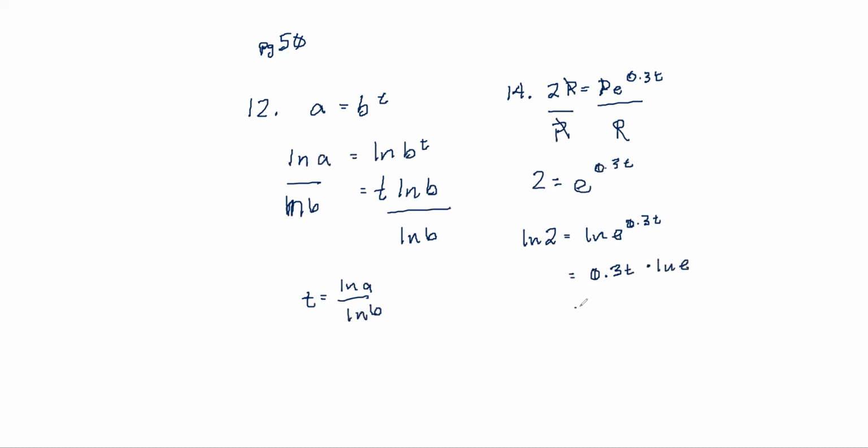We know that the natural log of e is equal to 1, because natural log and e are basically inverses of one another. So this is just 0.3t times 1. We don't have to really think about that. This is the natural log of 2. Divide both sides by 0.3. And t is going to be equal to the natural log of 2 divided by 0.3.